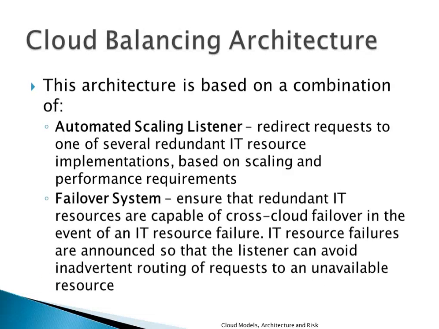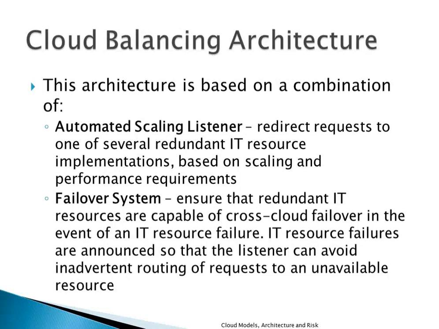This is based on a combination of a couple of things. You're going to use an automated scaling listener, which is going to redirect requests to one of several redundant IT resource implementations. Because remember, you're doing this in different clouds, so you're going to have them pre-set up and redundant. You also have to look at a failover system to ensure that if you have redundant resources, they are actually capable of a cross-cloud failover.